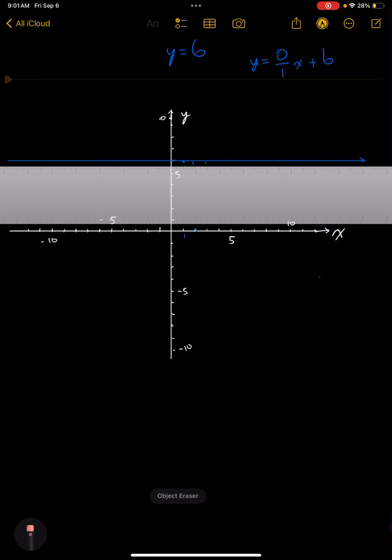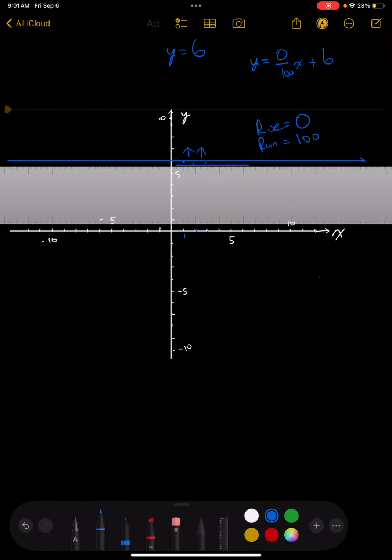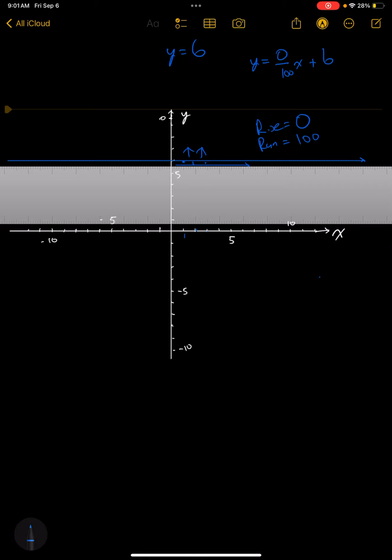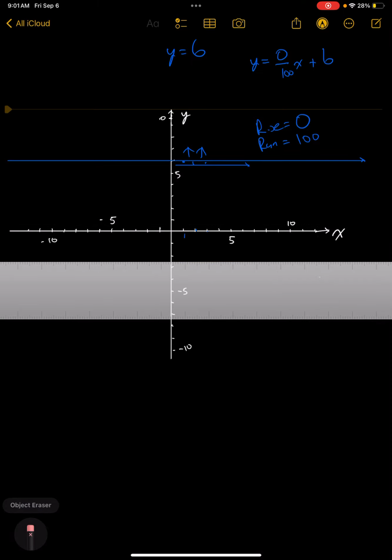In this y equals mx plus b format, the rise equals 0. As we can see, we don't go up ever. The run is equal to 1, or to be honest, it doesn't matter. 0 over 100 is still 0. It just runs forever in the same direction. And the y-intercept equals 6. All right, that's all for now.